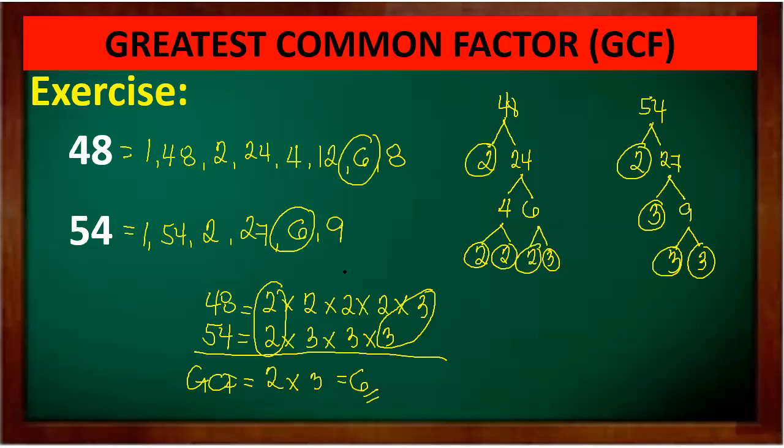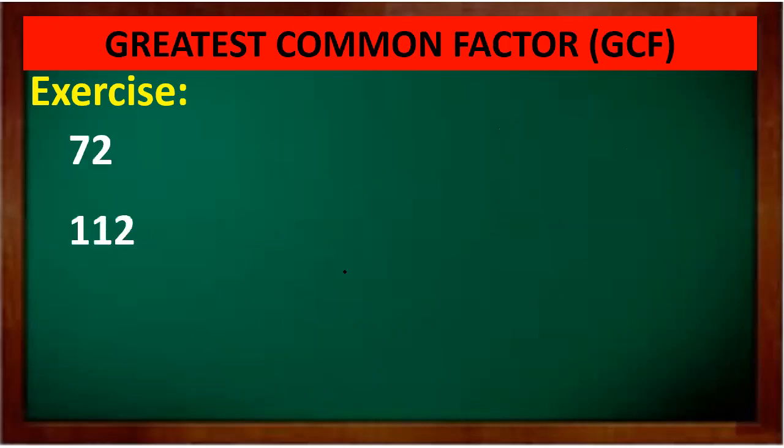Okay, so let's have another example. We still have 72. Okay, so what are the factors of 72? We have 1 times 72. That is divisible by 2 because it ends in 2. 72 divided by 2 is 36. How about 3? Is that divisible by 3?